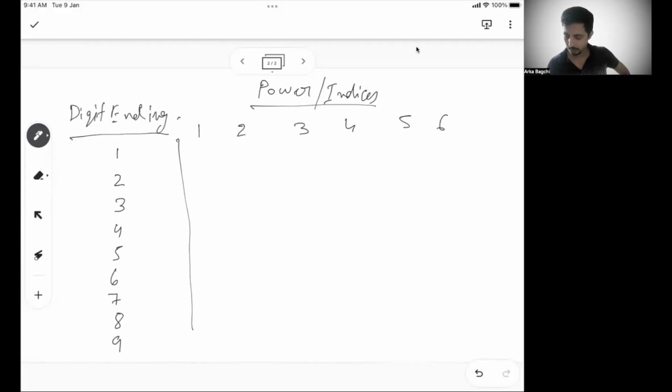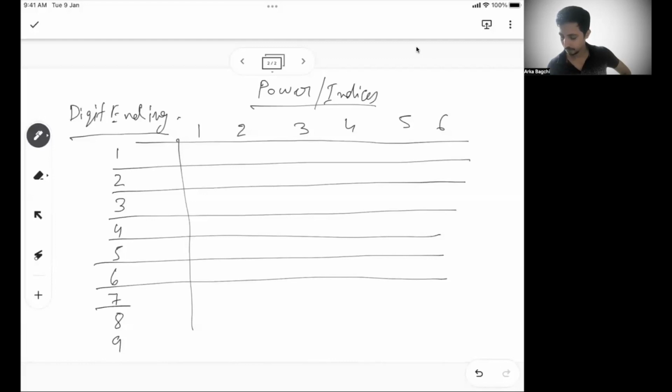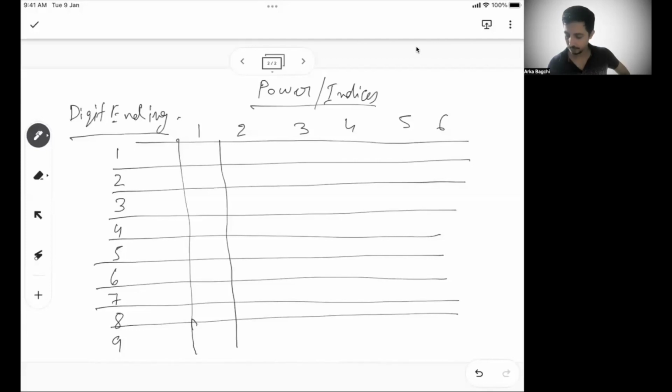So this is the matrix we can build. Let's see how we fare in this. Then you have 1, 2, 3, 4, 6. Why I stopped at 6, you will get to know that.